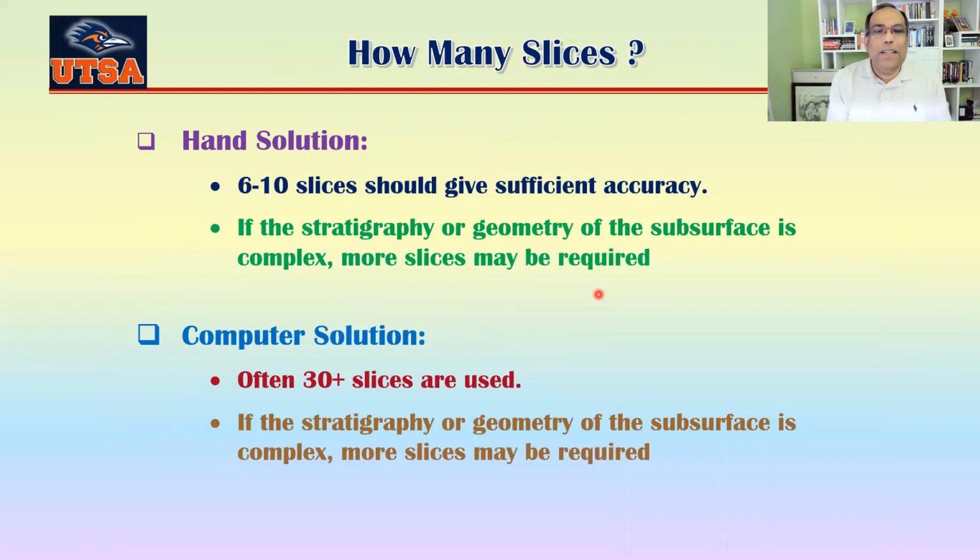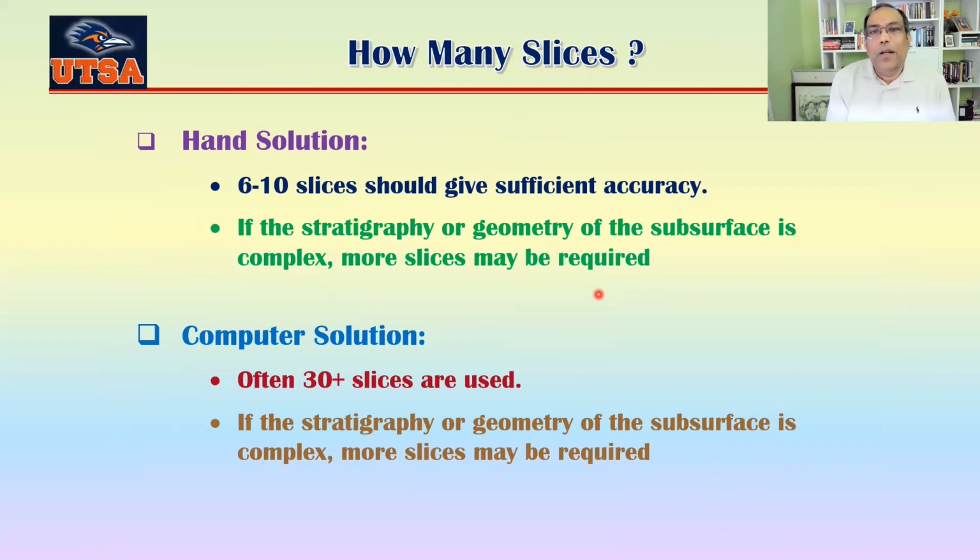So if this geometry changes, meaning your soil is not homogeneous, or it is layered soil, so that at different locations you have different unit weight of soil as well as different shear strength of the soil, then you might have to use more slices, okay?